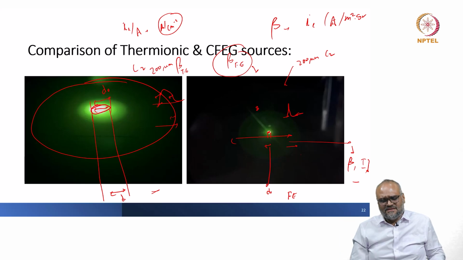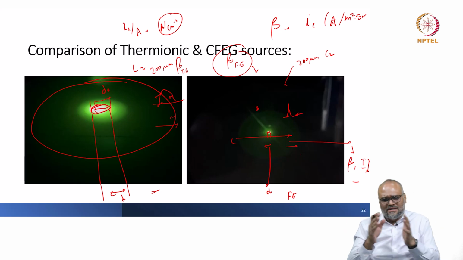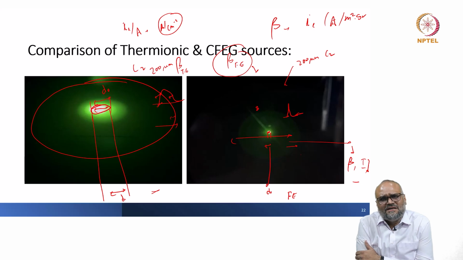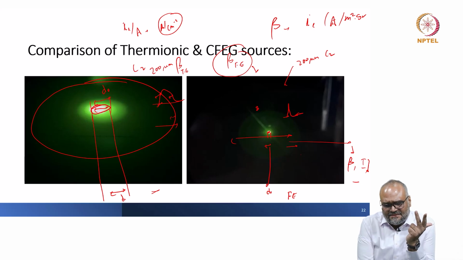Then you have the Schottky emitter, which once you switch on, you keep it on, and you would have a stable emission, and a Schottky emitter coupled with a monochromator would give you an excellent combination of very good spatial coherence, very good temporal coherence, and a reasonable lifetime.